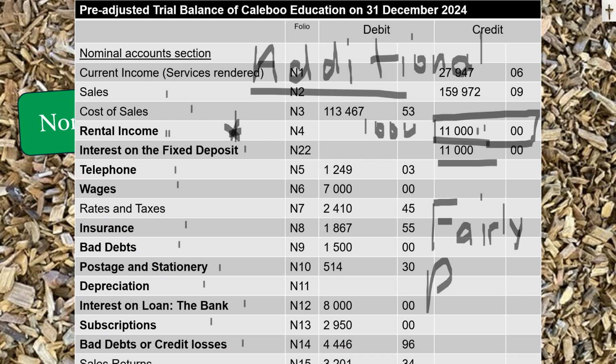So we will end up with the correct result, which is the profit. And remember, you're taxed on the profit, so it's quite important to get to the correct profit, and then also to get to the correct financial position at the end of the year.